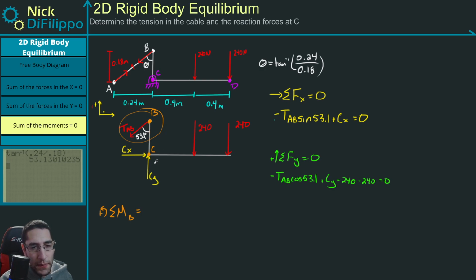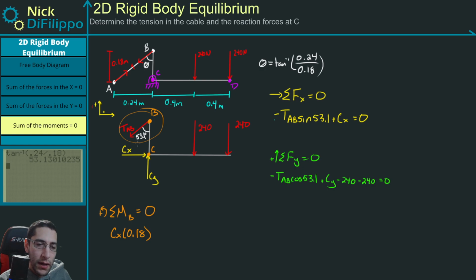TAB goes through point B. So the first force we need to figure out the moment about is Cx. Cx, if it rotates about point B in a counterclockwise manner, it's going to rotate head first, so it's going to be positive. So this perpendicular distance right here is going to be 0.18.